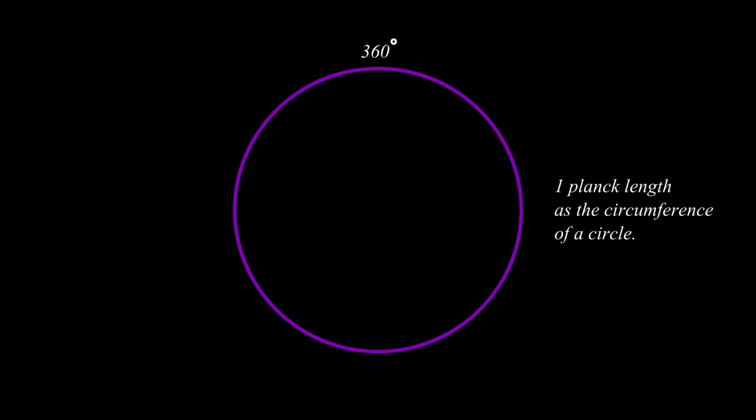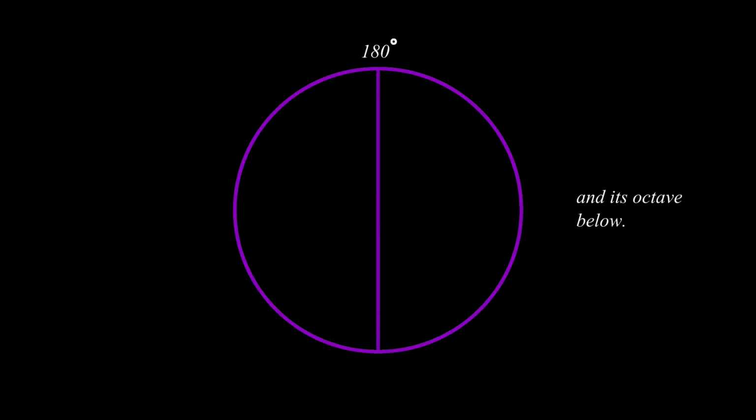Moving to the next slide, the first division is 180 degrees. It's an octave beneath the primary. So 180 degrees is the first octave beneath the primary or the fundamental angle of the Planck length.